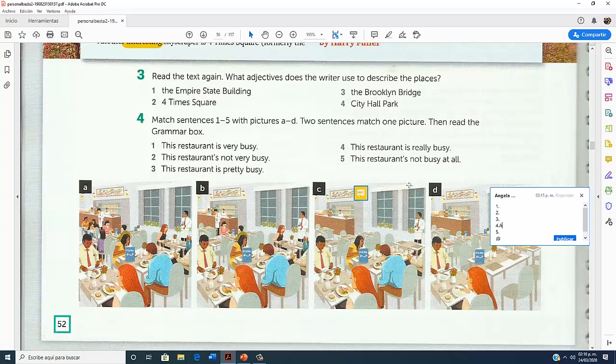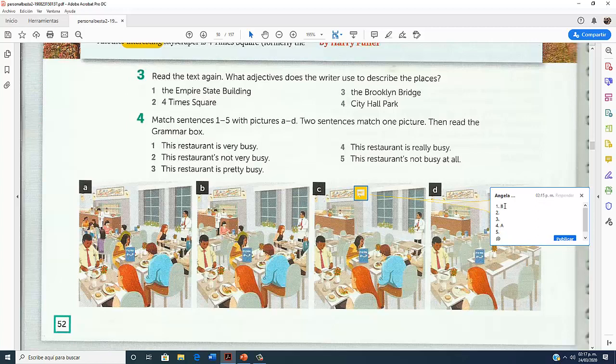So picture number 4 goes with letter A. And then we have this restaurant is very busy. Very busy would be letter B. Yes, letter B is very busy. So number 1, letter B.